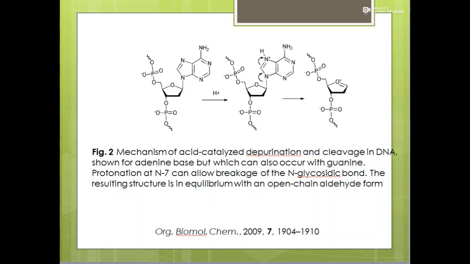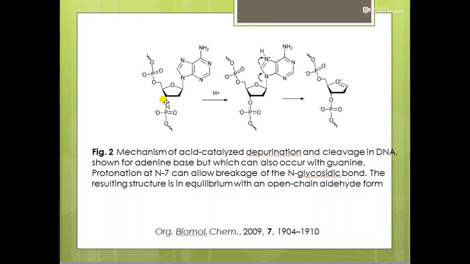But before the Schiff's reagent is added, we also do a process called acid hydrolysis of the DNA molecule. When acid hydrolysis is carried out on this DNA molecule, the base is removed from the DNA molecule.